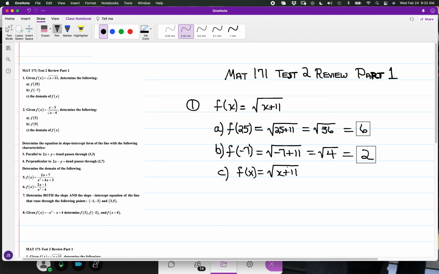We can have f of x be 0 since we're not looking at a fraction with this radical on the bottom, and we can have x plus 11 be positive. Since the only restriction is coming from this setup where f of x is an even root radical, x plus 11 cannot be negative. It can be 0 and it can be positive.